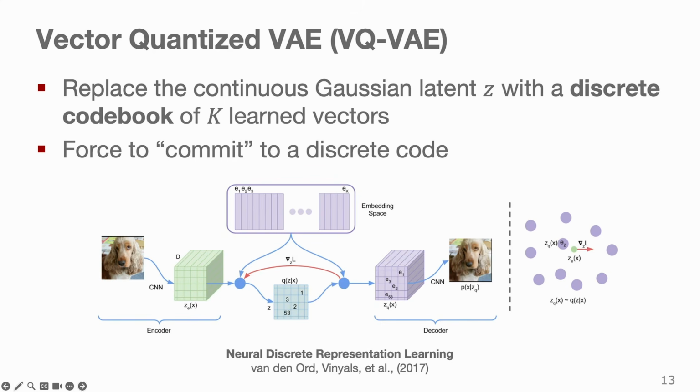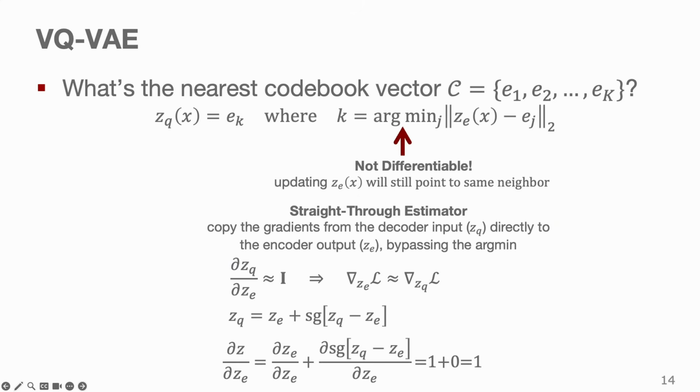And so also there is no KL divergence to minimize, and no way for the decoder to ignore Z, because Z is now a hard discrete selection. Mathematically, we are performing a quantization with this argmin lookup operation.